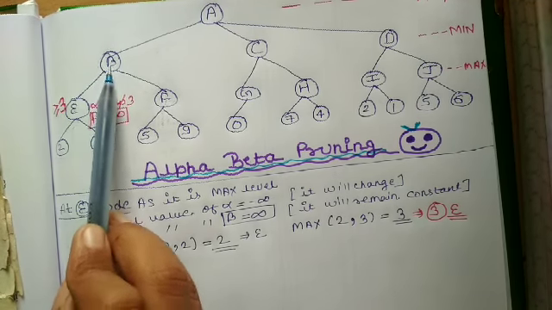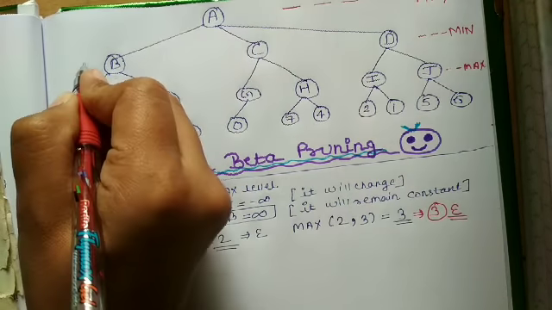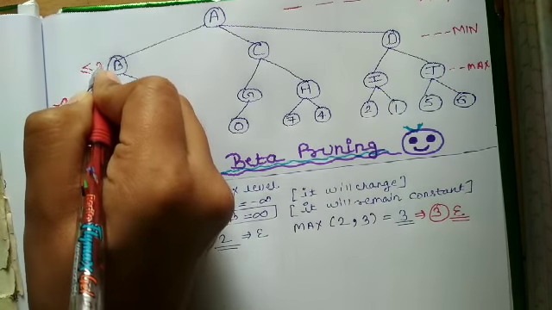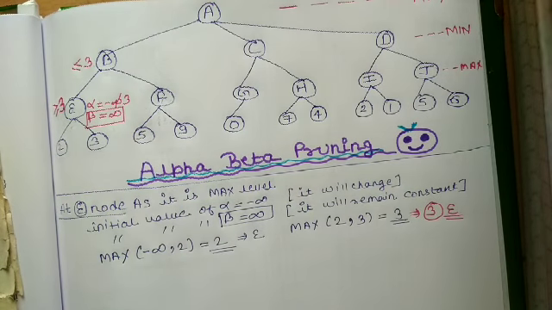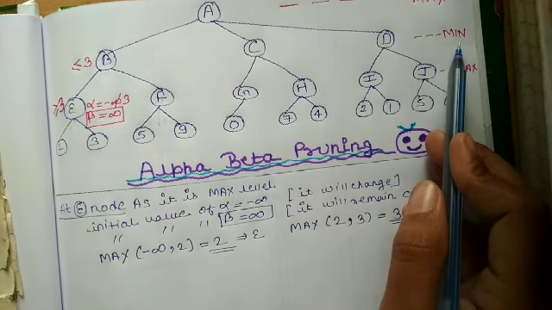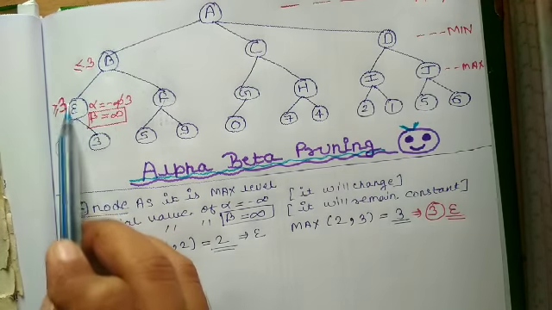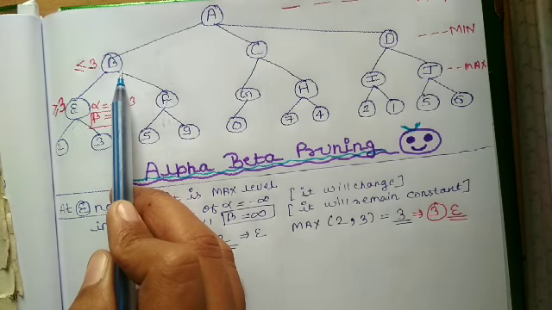It will take the B node value as 3, and we will write it as less than or equal to 3. It may change if another node value is less, as it is a minimum case, but here we have only explored one child. Now it will also change the value of alpha and beta.